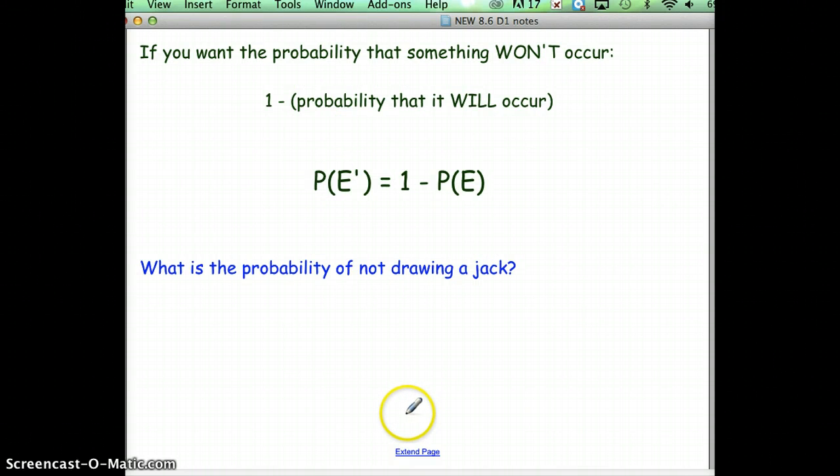We did an example using this a couple days ago. Sometimes it's better to think of the opposite. If you want the probability that something will not occur, you could think of it as 1 minus the probability of it happening.